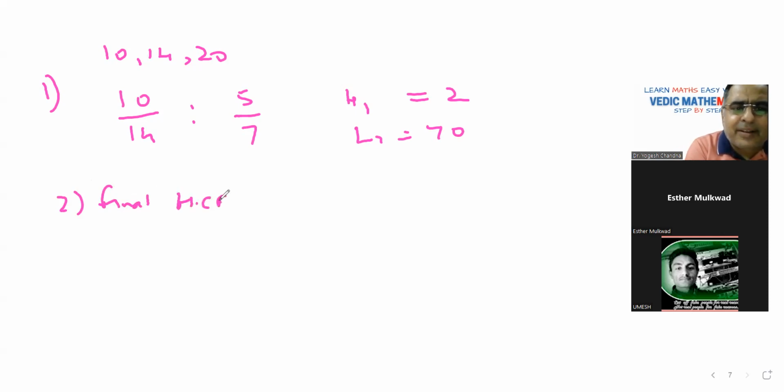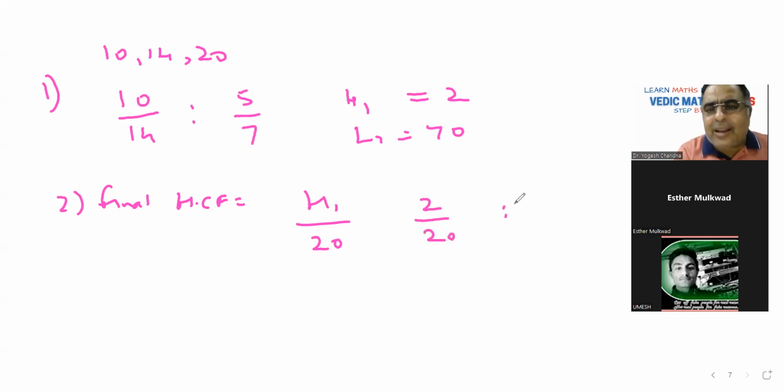So second, final HCF. I can have H1 below the second number, 20, and H1 down anyway. So that is 2 by 20. If I reduce it, it is 1 by 10. So what is the final? If you see 2 by 1, it is 2 only.